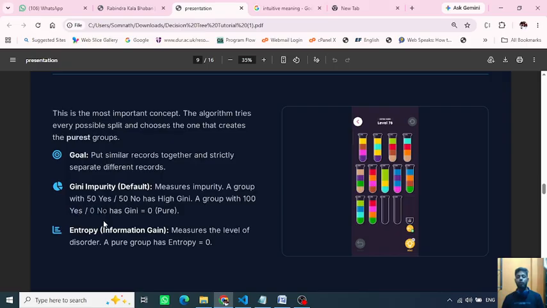There is no record labeled no. That means the data is pure, and so a Gini value towards 0 indicates increased purity. Okay, and another option is entropy, the same thing. You can use either one.